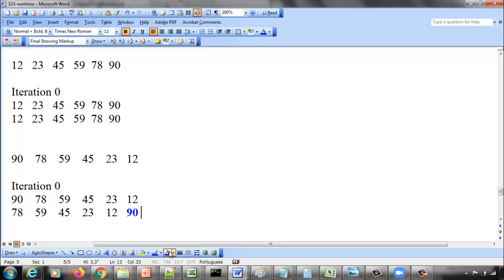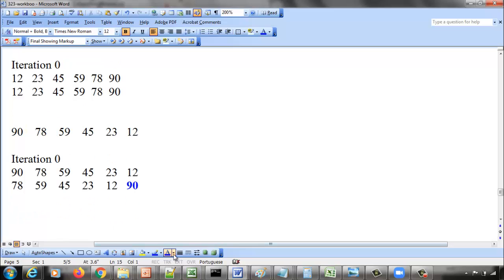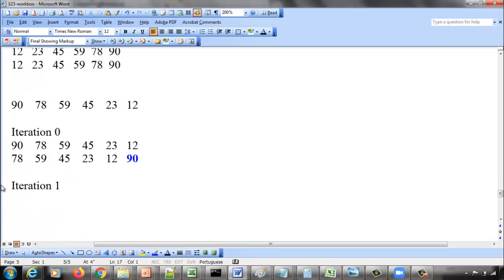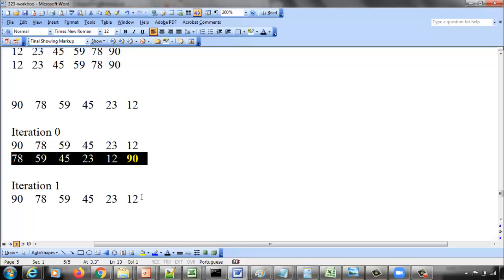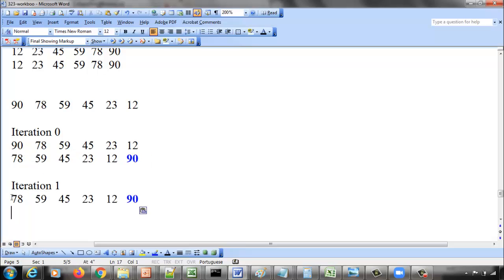So we have the sorted portion, and this is the unsorted portion. In the next iteration, we repeat this process. So in iteration 1, 78 compares with 59, 78 greater than 59, so swap them.